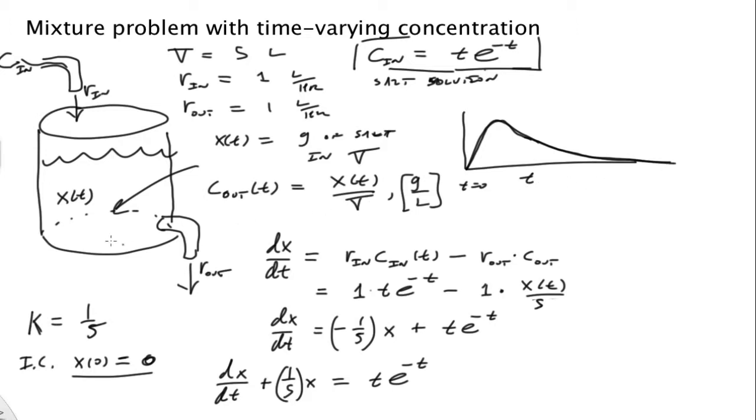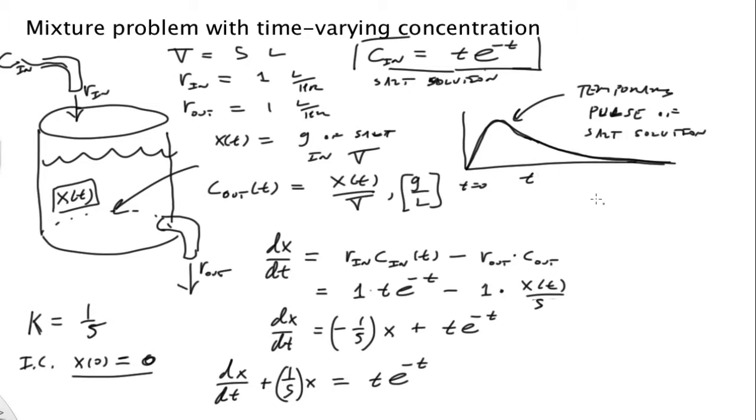What does the amount of salt in the tank look like over time if I give this little pulse of salt? You can think of this as a temporary pulse of salt solution.